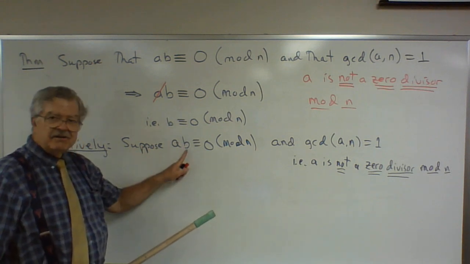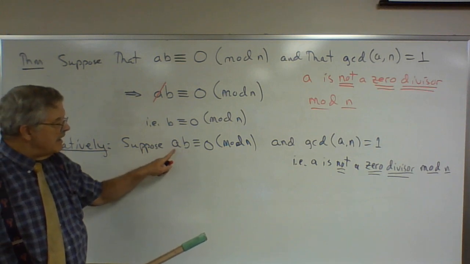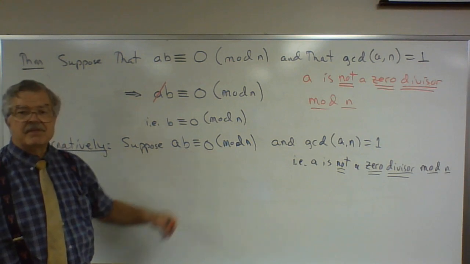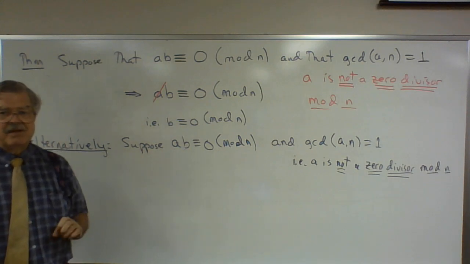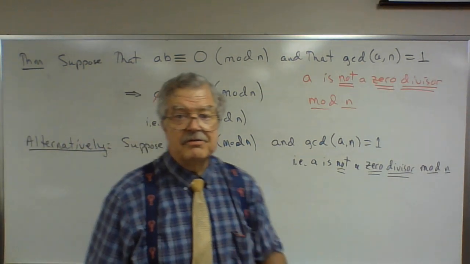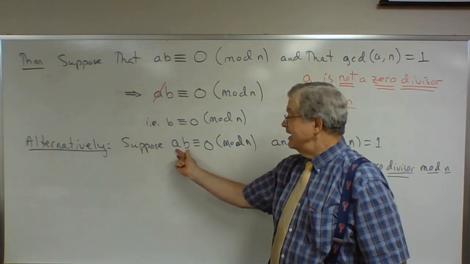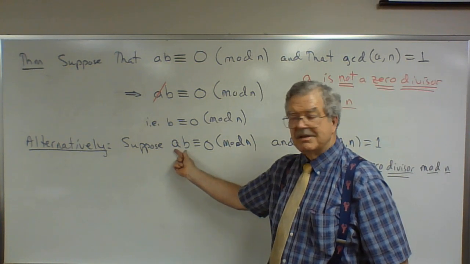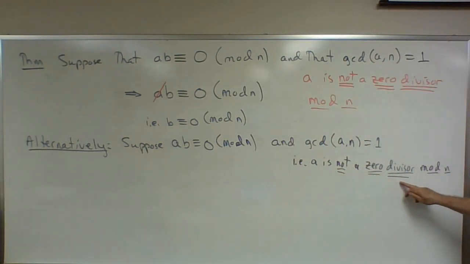If B were not 0, we'd have two non-zero numbers mod n that we multiply by one another to get 0 mod n. And that would make both A and B 0 divisors. Remember, these 0 divisors come in pairs. One 0 divisor times another 0 divisor gives us zeros. They're both equally complicit in guilt. But we've already established that A is completely innocent. A is not a 0 divisor.